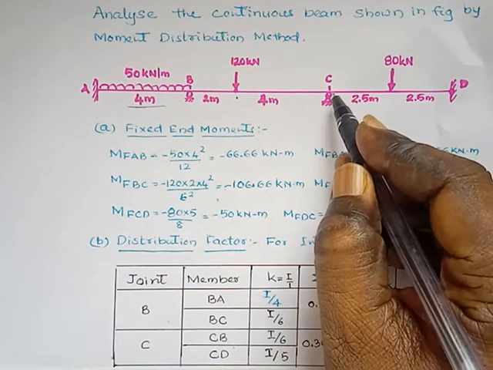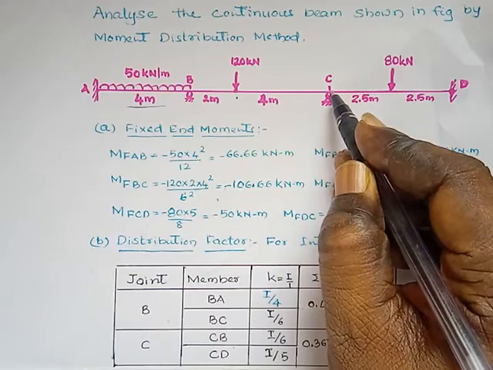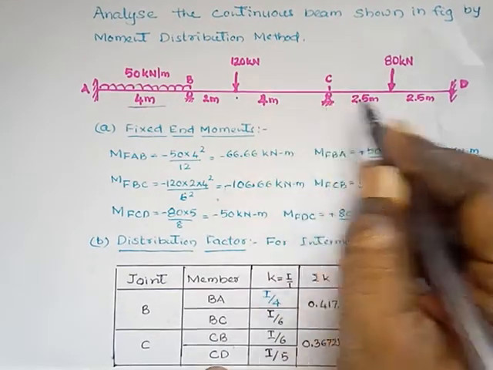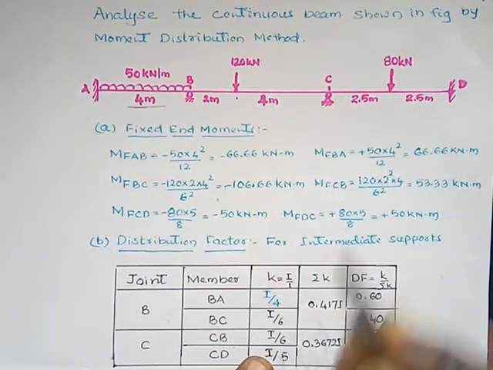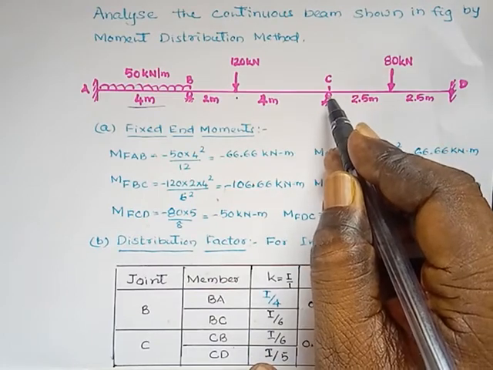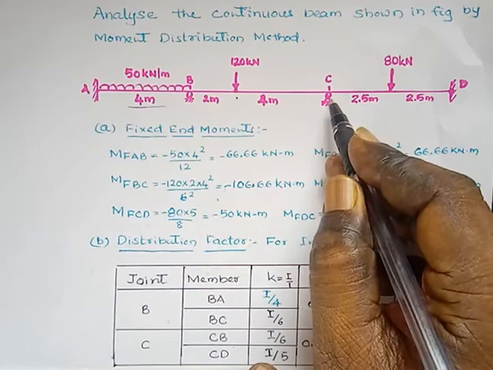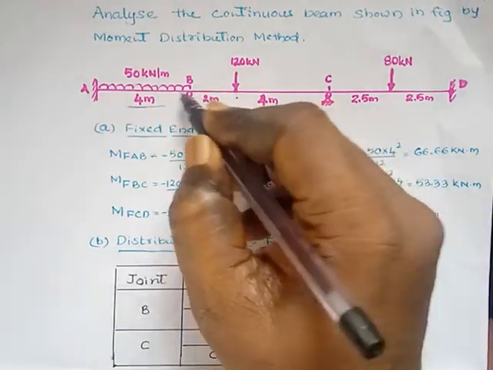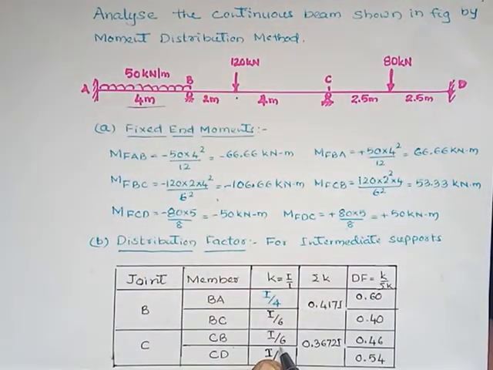Then come to the next joint. Here two members are connected, one is CB, one is CD. Then K, the relative stiffness, for CB: CB is continuous, hence K equals I by L, where L is the length, that is 6 meter, so I by 6.